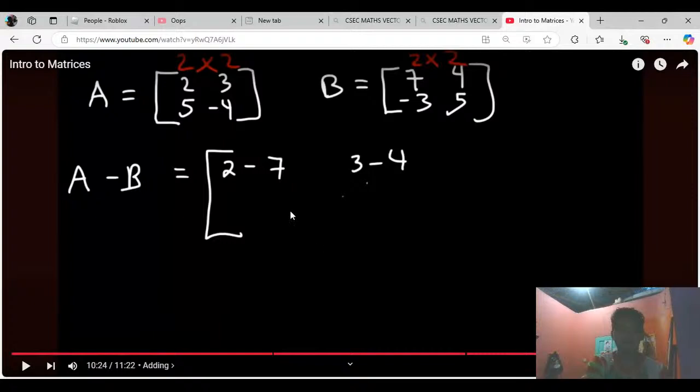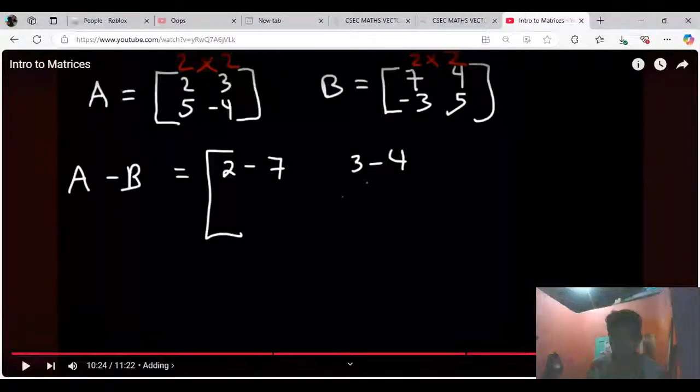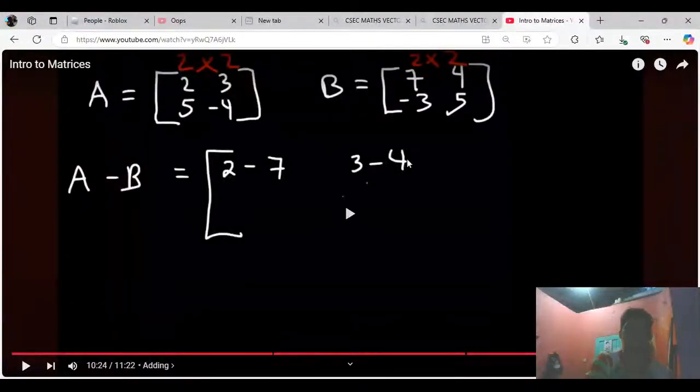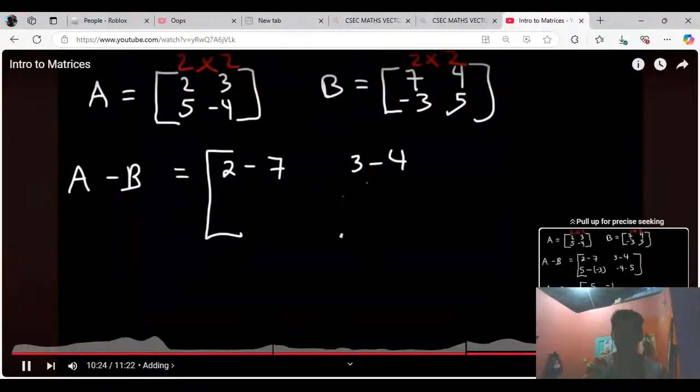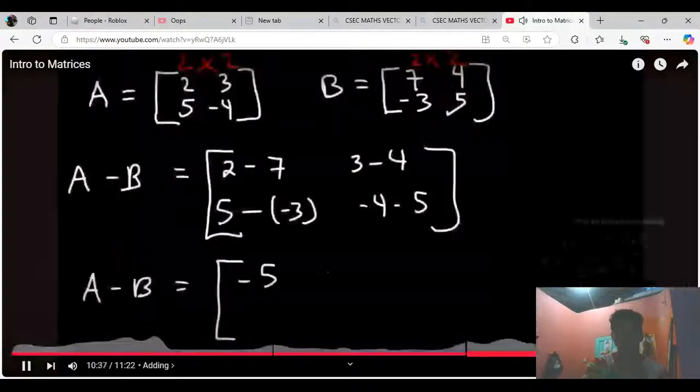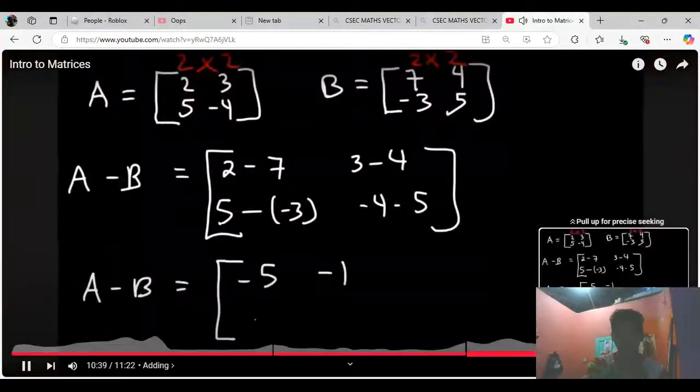So my prediction, I may be wrong: 2 minus 7 is negative 5. 3 minus 4 is negative 1. 5 minus negative 3 would be positive 8. Negative 4 minus 5 would be negative 9. This is my prediction for it. Let's skip and see if you're right. Yes, so far good.